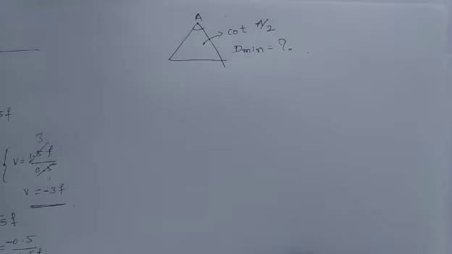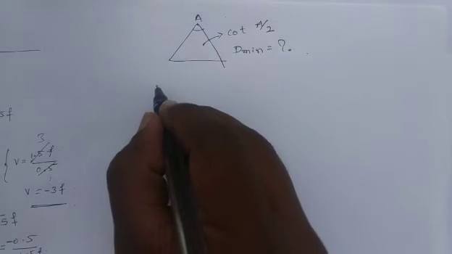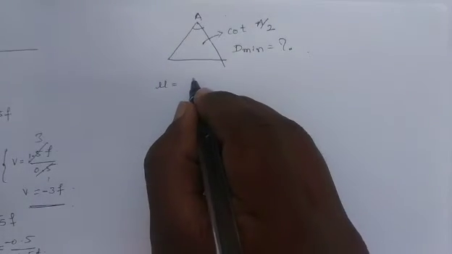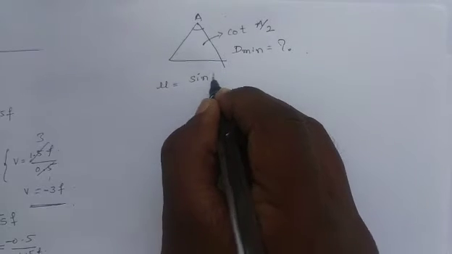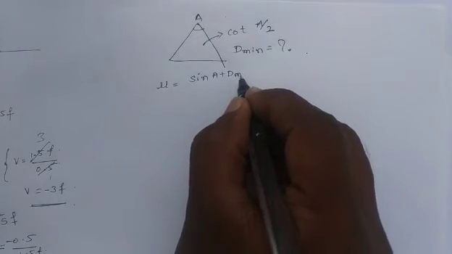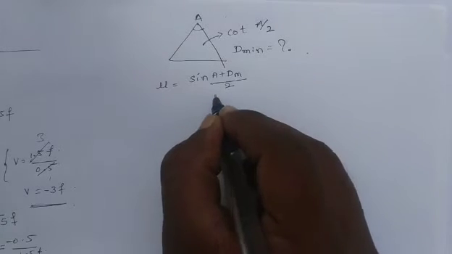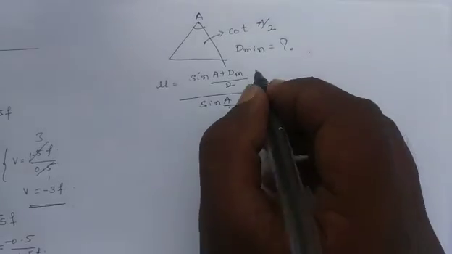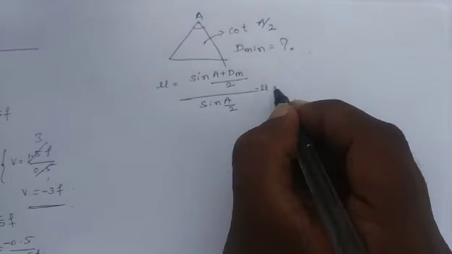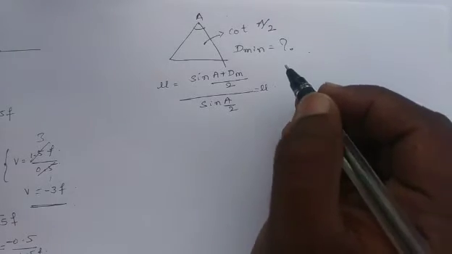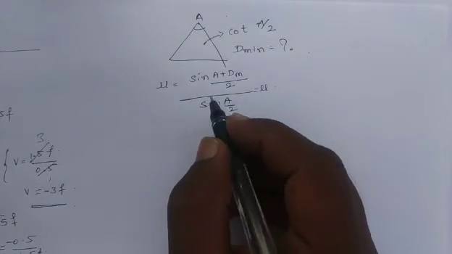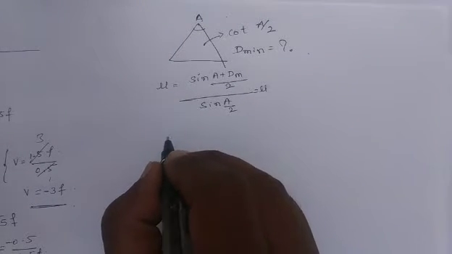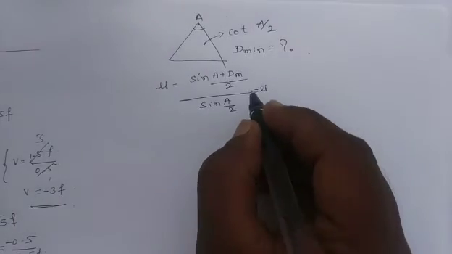So we consider the relation between refractive index and the material of the prism. Refractive index is equal to sine of A plus minimum deviation divided by 2, whole divided by sine A by 2. The refractive index is already given as cot A by 2.